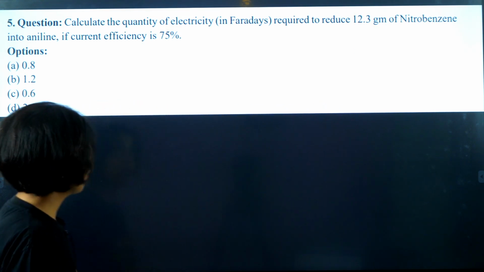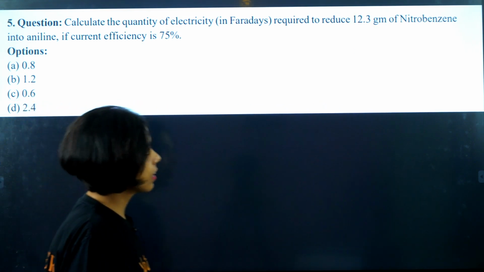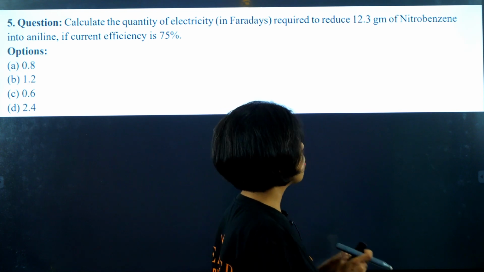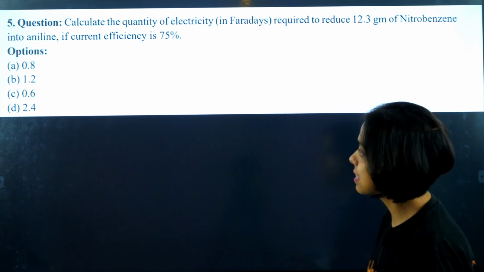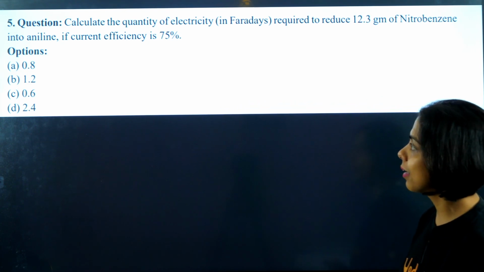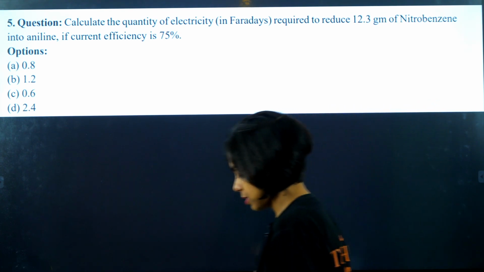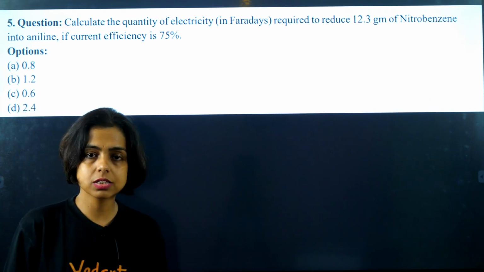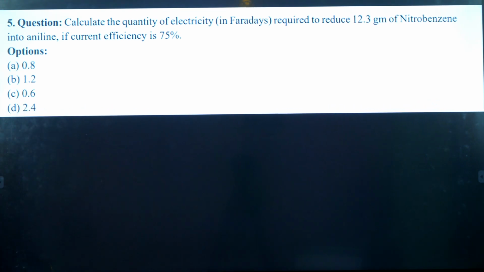Okay. So calculate the quantity of electricity in Faradays required to reduce 12.3 grams of nitrobenzene into aniline if the current efficiency is 75%. So Faraday's law. What does Faraday's law say?